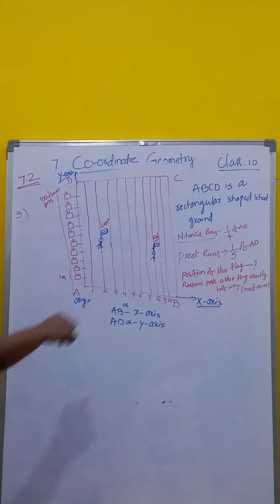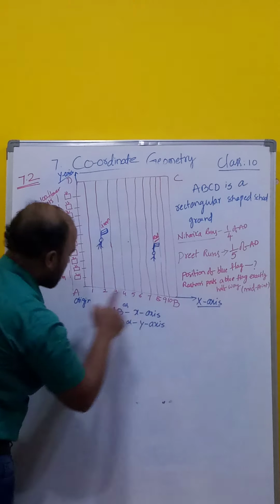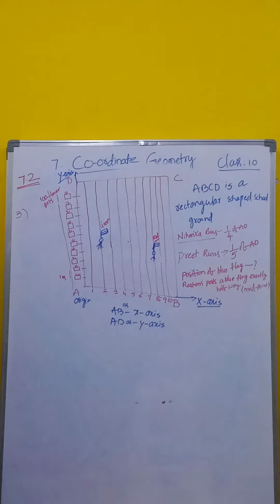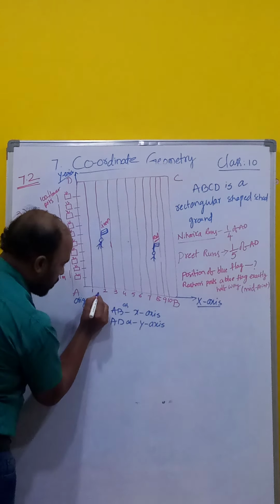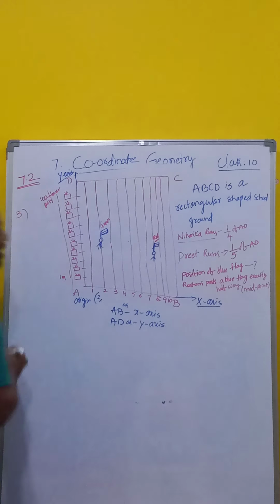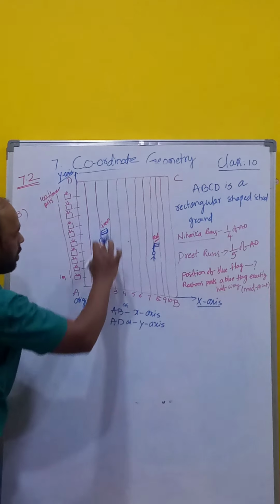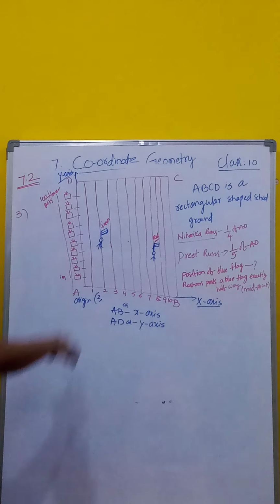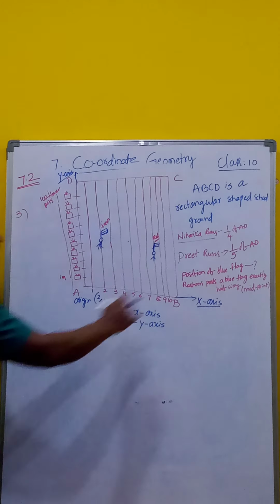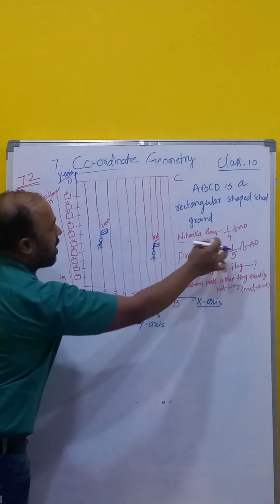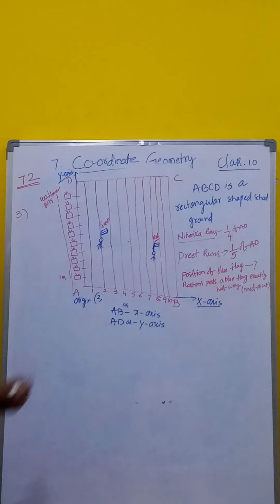According to this situation, the x-axis values we know. That means the x coordinate the first time is 2. Then the y-axis point we don't know, but the condition we know: Niharika runs 1 by 4 of AD.